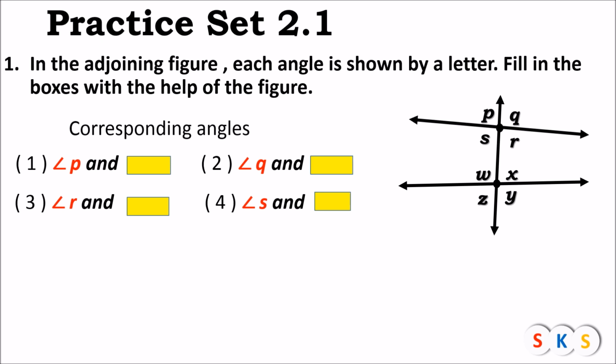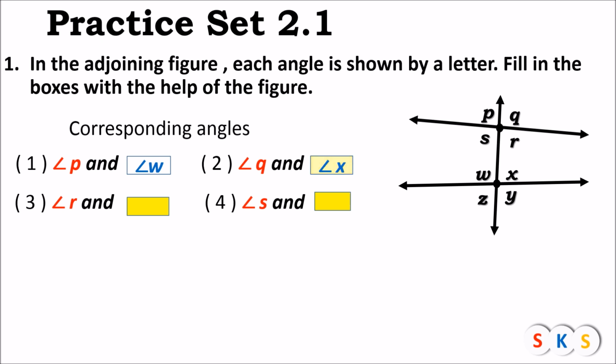Now let's fill the boxes. The first one, angle P and dash. Which angle will come over here? Yes, you are right. Angle W. The next one is angle Q and dash. Can you think which angle will come over here?